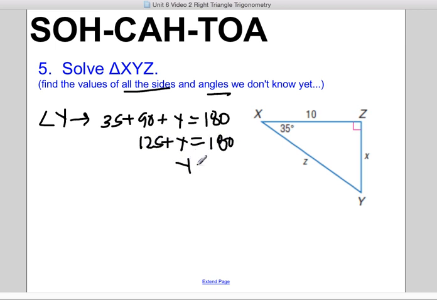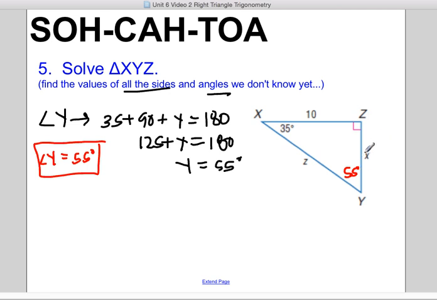If I subtract 125, 180 minus 125, I get that Y is 55 degrees. So that's my first thing that I had to solve. So angle Y equals 55 degrees. So I have all my angles solved for. Now let's go ahead and solve for my sides.